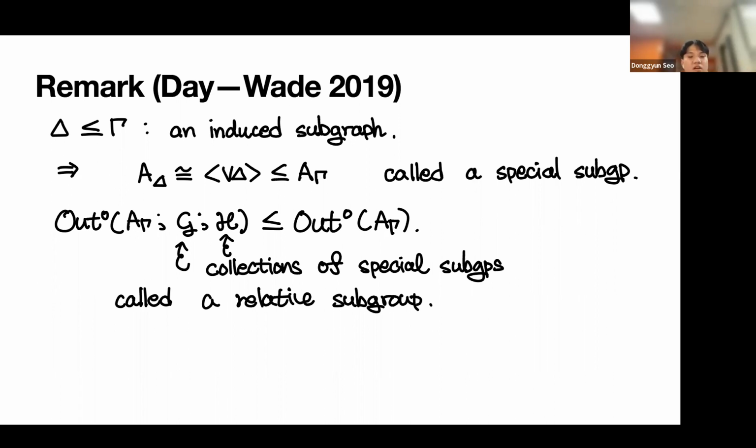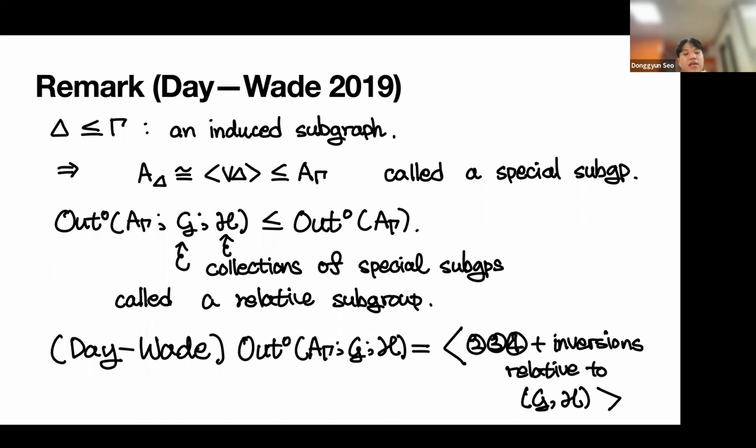Okay, this class, the class of the relative subgroups, is very powerful. They construct a finite length subnormal series of the automorphism group of the right-angled Artin groups, consisting of the relative subgroups, and each factor has a finite classifying space.